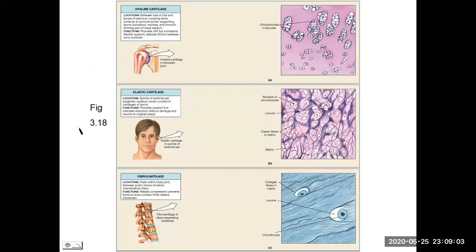And again, the textbook showing examples of locations. Hyaline cartilage seen here in our joint is a great example. Elastic cartilage in the ear. And fibrocartilage, those intervertebral discs, just for example.